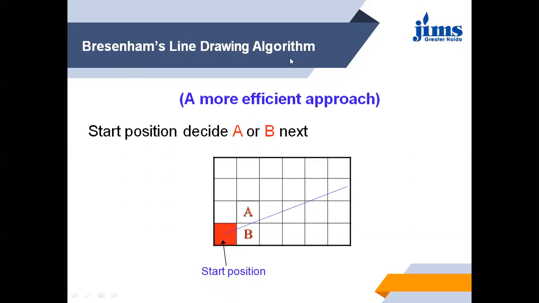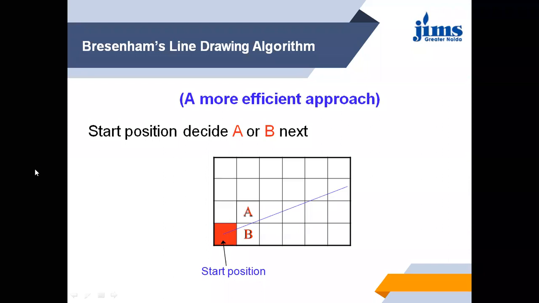As we discussed last time also, this is a starting point. We have to find out the next pixel, whether it will be A or B. Means we have to glow, or highlight, which pixel, A or B. We do the same thing in DDA also, but here the concept to find out the values is a little bit different.